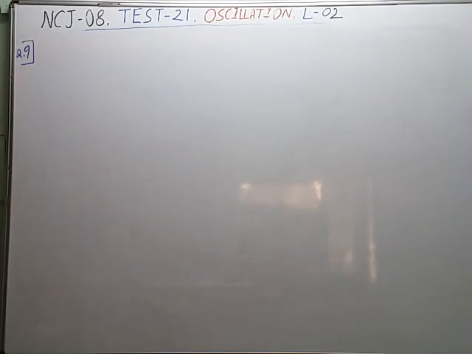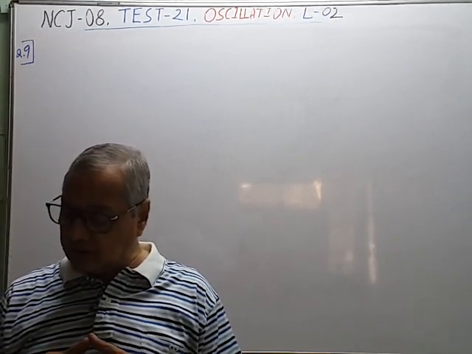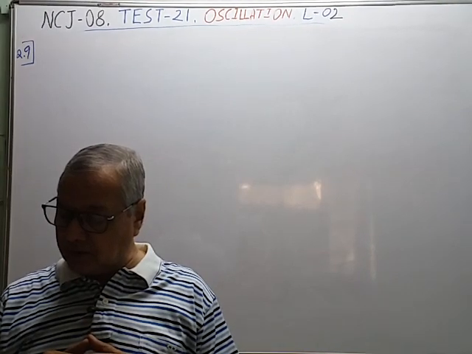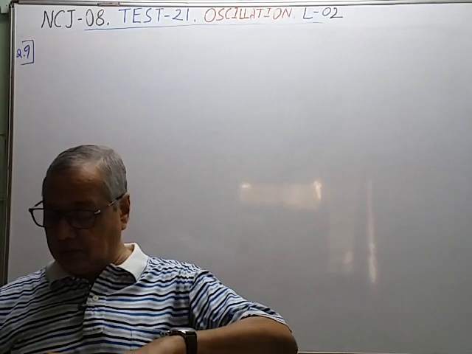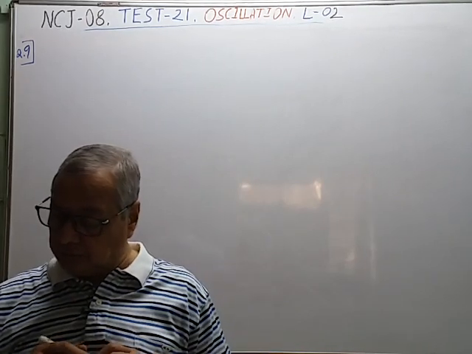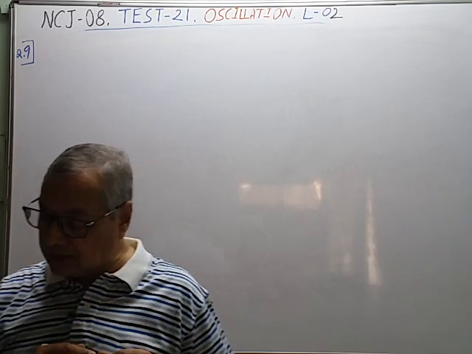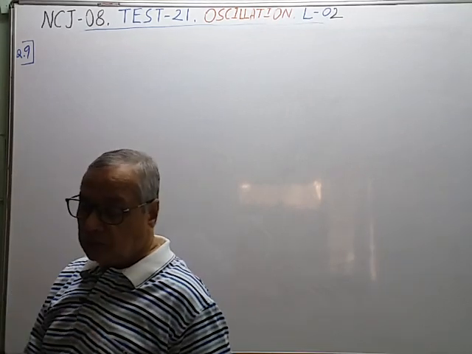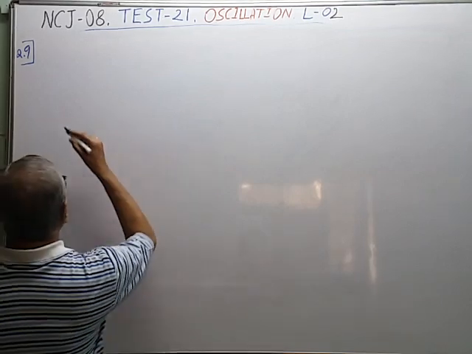Next, question number 9. U is the potential energy of an oscillating particle and F is the force acting on it at a given instant. Which of the following is true? So the relation between U and F is asked. Motion is SHM. So we know this is the basic equation.